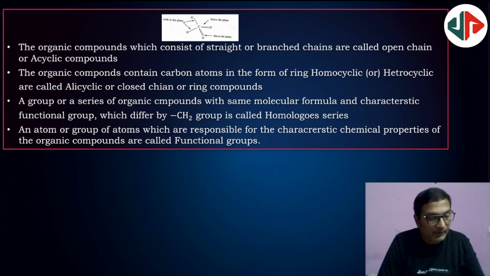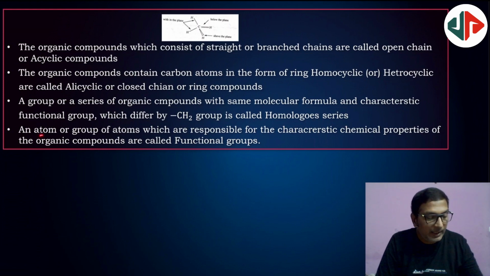Next, a group or series of organic compounds with the same general formula and a characteristic functional group which differ by a CH2 group. Adjacent members that differ by a CH2 group are known as a homologous series of compounds.